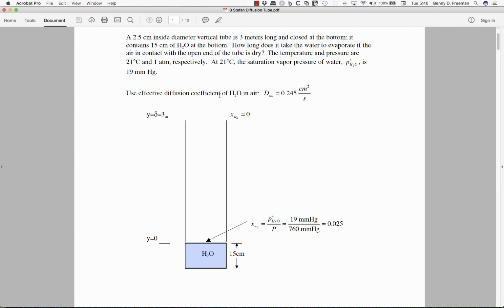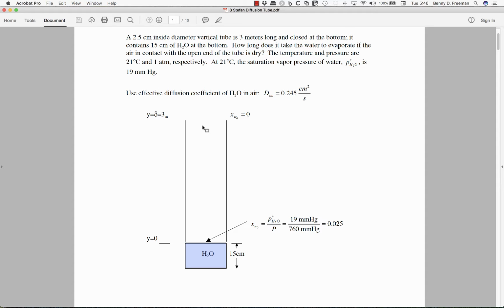Remember we talked earlier about a component like air being composed of many different species, and we can simplify that down to a pseudo-binary case in the limit where only one component, in this case the water, is really moving, and all the other components are either stationary or move with the same velocity: the oxygen, the nitrogen, the CO2, and so forth.